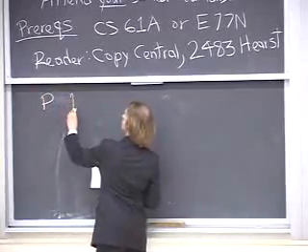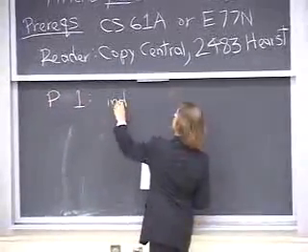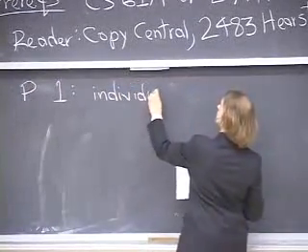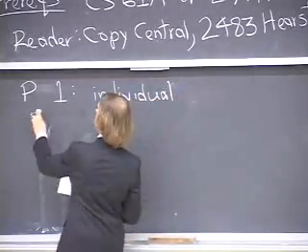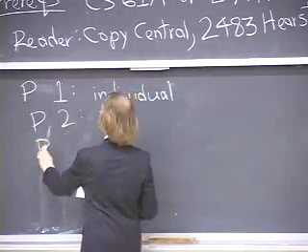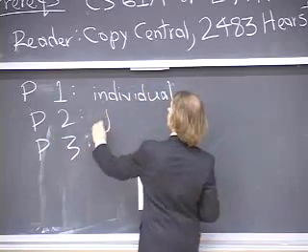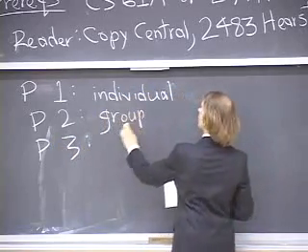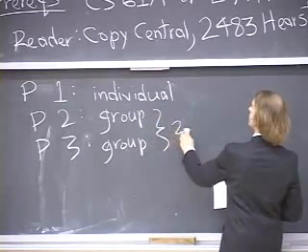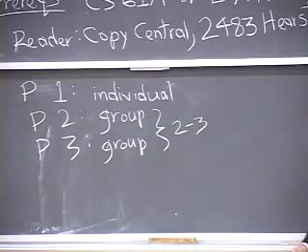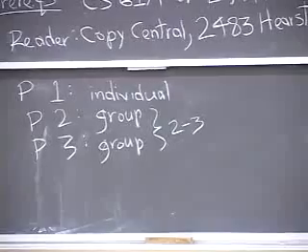Project 1 will be an individual project. Projects 2 and 3 will be group projects. And for the group projects, you must work in a group of 2 to 3 people. You're not allowed to do them individually.